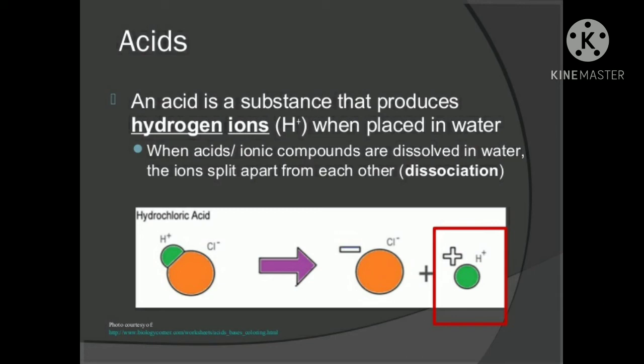The process of dissociation takes place. Here we can see the example of hydrochloric acid. Now this hydrochloric acid in water is dissociated into hydrogen and chloride ions.